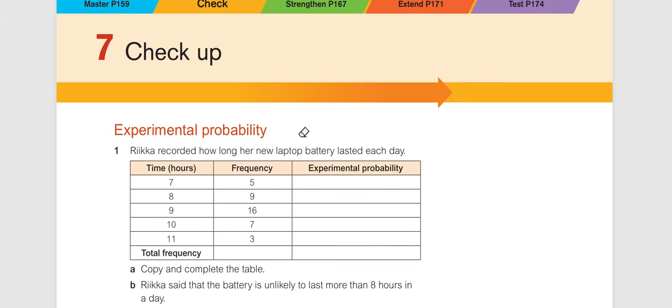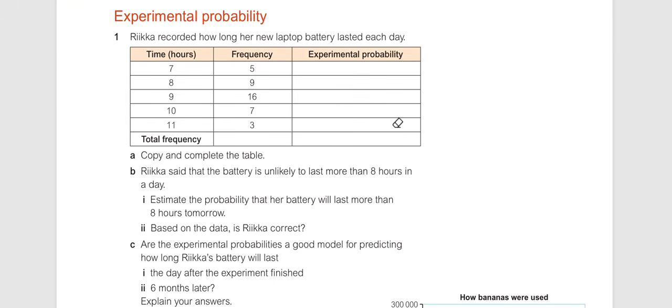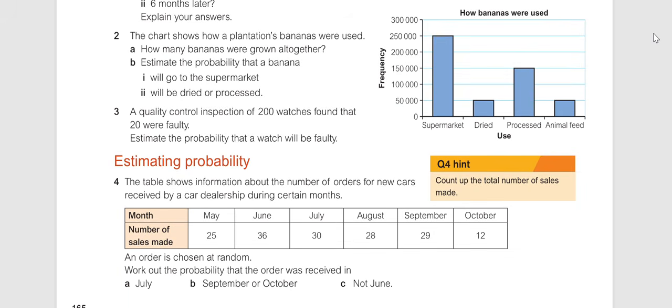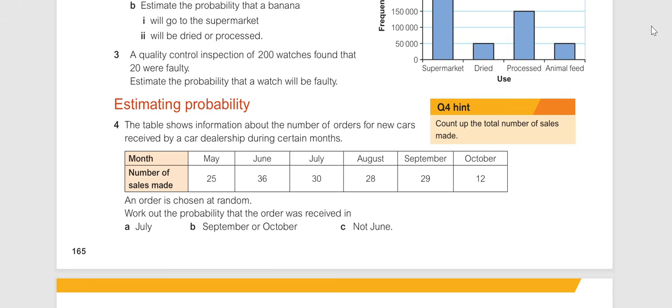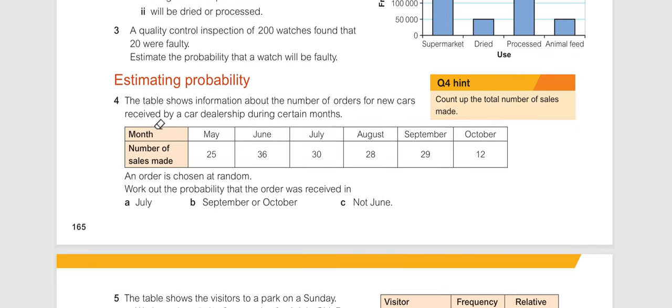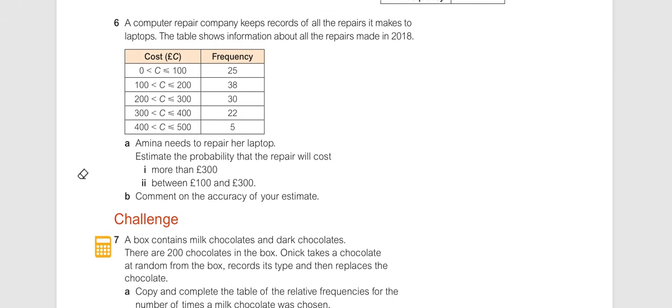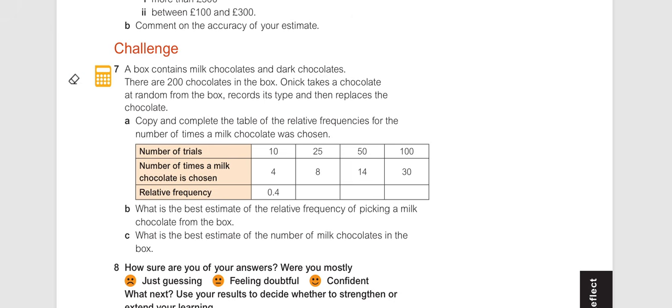For the next session, in the checkup questions, since we have completed both lessons for this unit, we can discuss experimental probability question 1, question 2, question 3, and then estimating probability question 4, question 5, question 6, and let's see how many of you can do the challenge question.